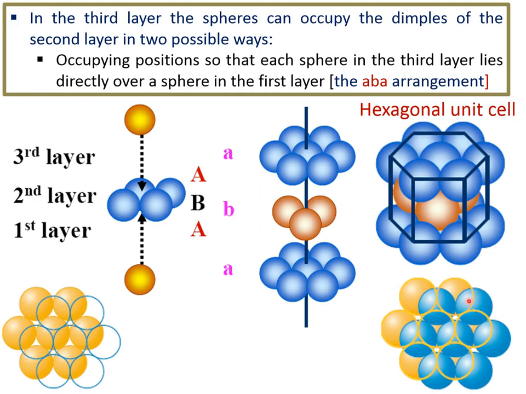The third layer comes directly above this, above, right? Or the blue one. Okay, the blue one comes directly above the other blue layer here. So the arrangement is basically of that type, called ABA.